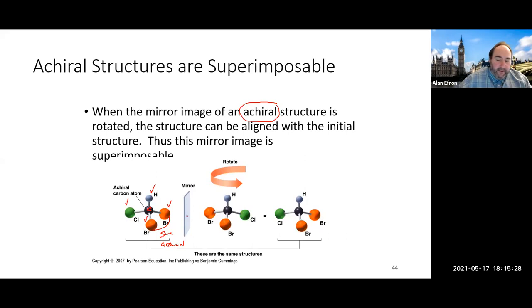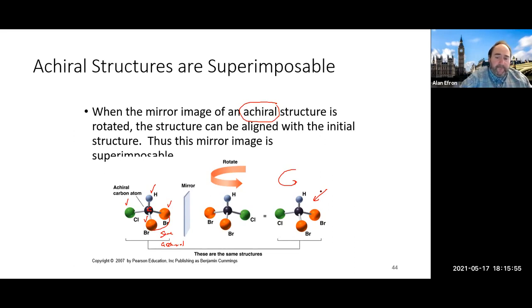If we take our mirror image here, in this case, we can rotate this molecule enough that it will sit perfectly on top of the original molecule. As you can see here, we don't see 2 separate molecules. They were able to be rotated enough that they fit perfectly on top of each other, and that would be an achiral situation. Mirror images perfectly match each other.